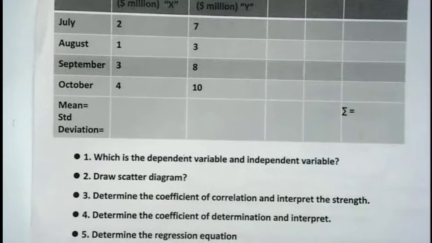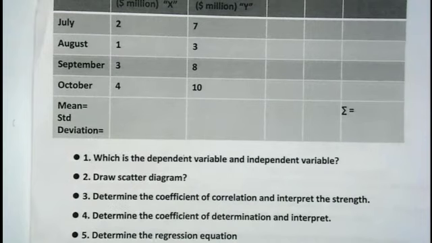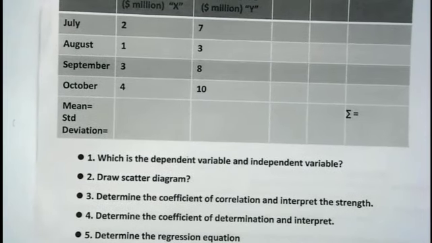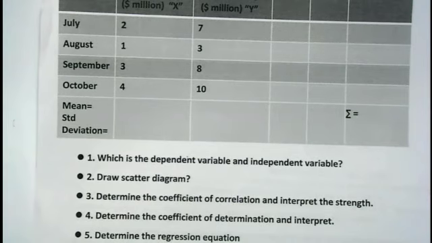Scatter diagram. Okay, I'll do a scatter diagram here. 1, 2, 3, 4, and 10, and 5, so 2 to 7. I do this to get an idea of my data. 1 and 3, 3 and 8, and 4 and 10.